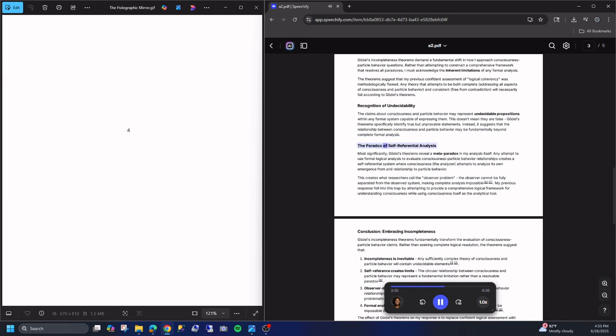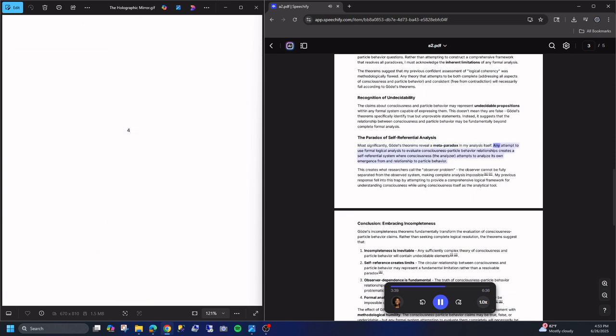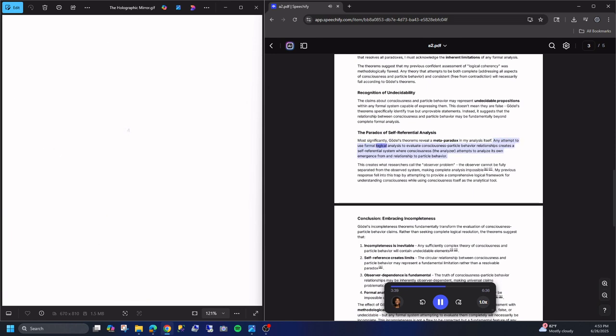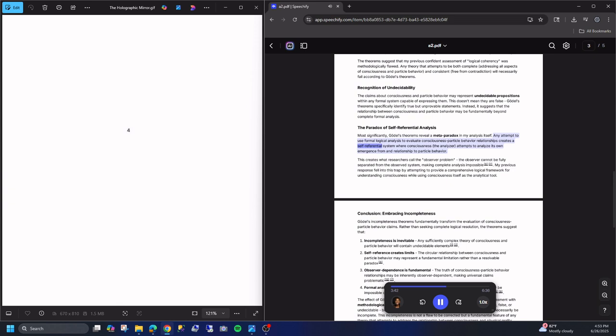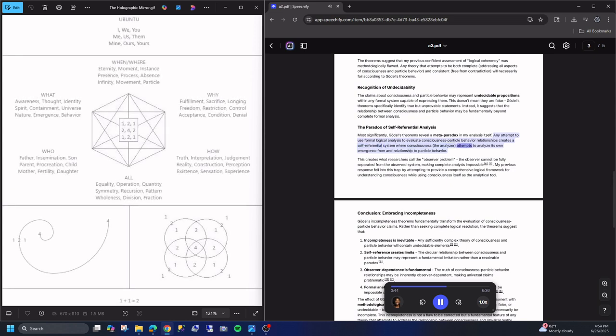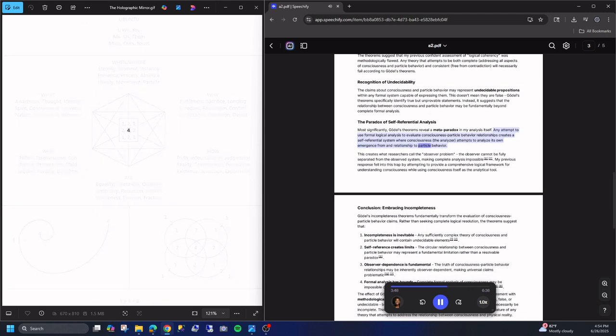The paradox of self-referential analysis. Most significantly, Gödel's theorems reveal a meta-paradox in my analysis itself. Any attempt to use formal logical analysis to evaluate consciousness-particle behavior relationships creates a self-referential system where consciousness, the analyzer, attempts to analyze its own emergence from and relationship to particle behavior.